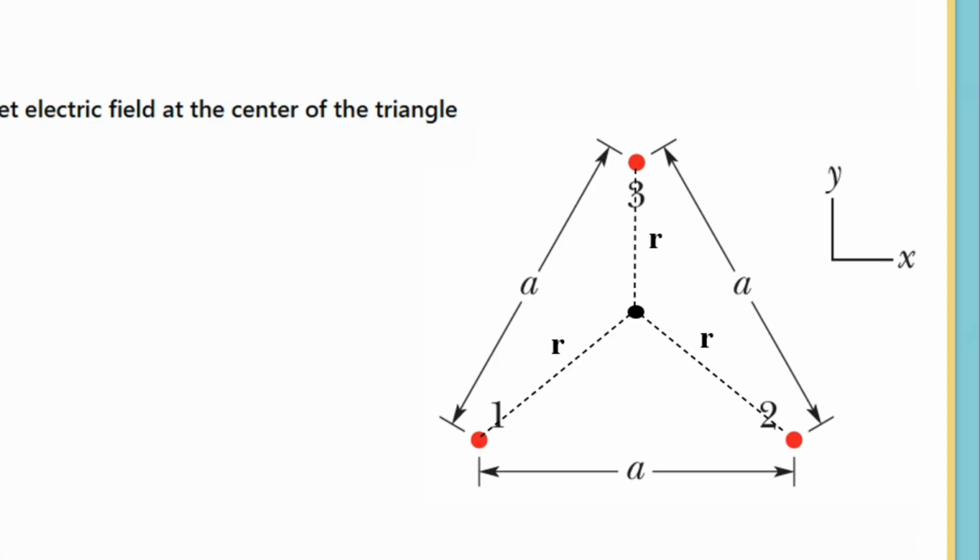The electric field always points in the same direction as the force acting on that test charge. Since Q1 and Q2 are positive, both electric field vectors point away from their charges. The direction of E3 depends on whether Q is positive or negative.